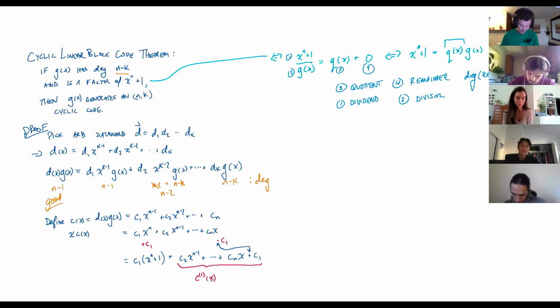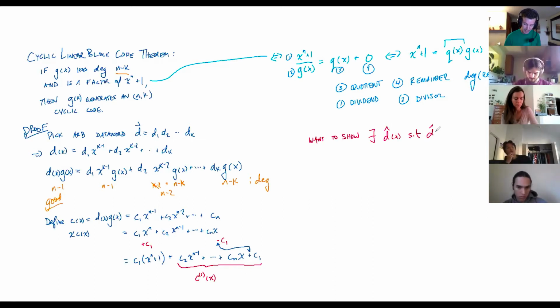So the goal now is we want to show that there exists some d hat of x such that d hat of x times g of x equals c1 of x, right? If we could do that, then we would know that the code was cyclic.